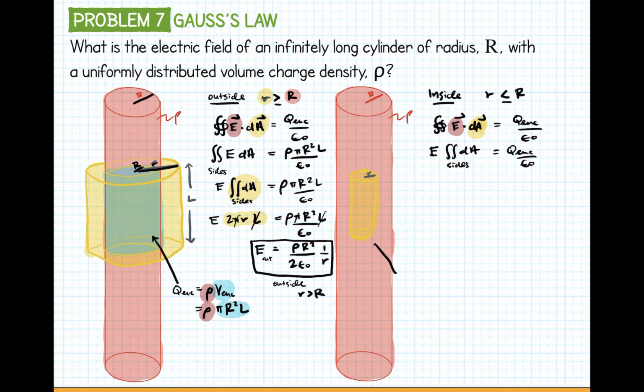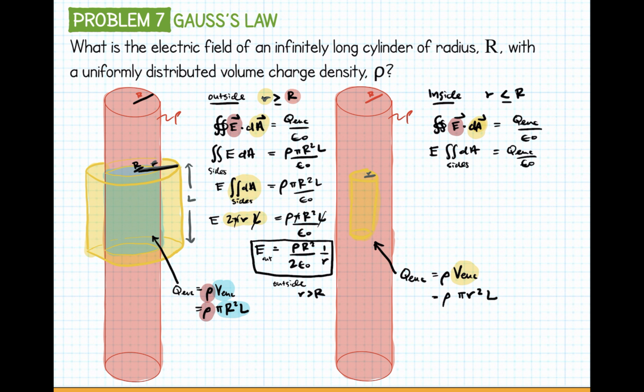As for our Q enclosed, in this case, it's equal to rho times V enclosed, and in this case, V enclosed is just the same as the Gaussian surface, because the Gaussian surface encloses all the charge, there's no empty space in there, so that becomes rho times pi little r squared, and this is a key difference, right?